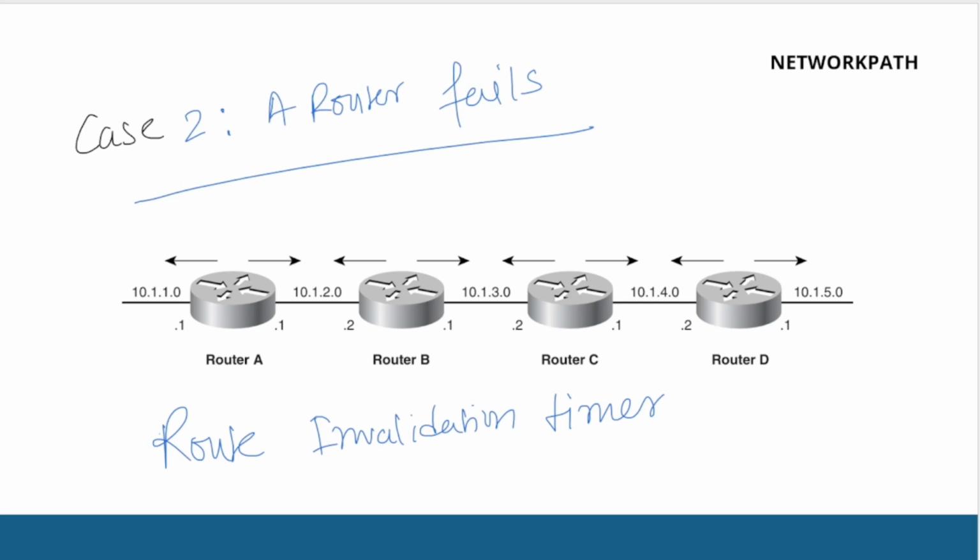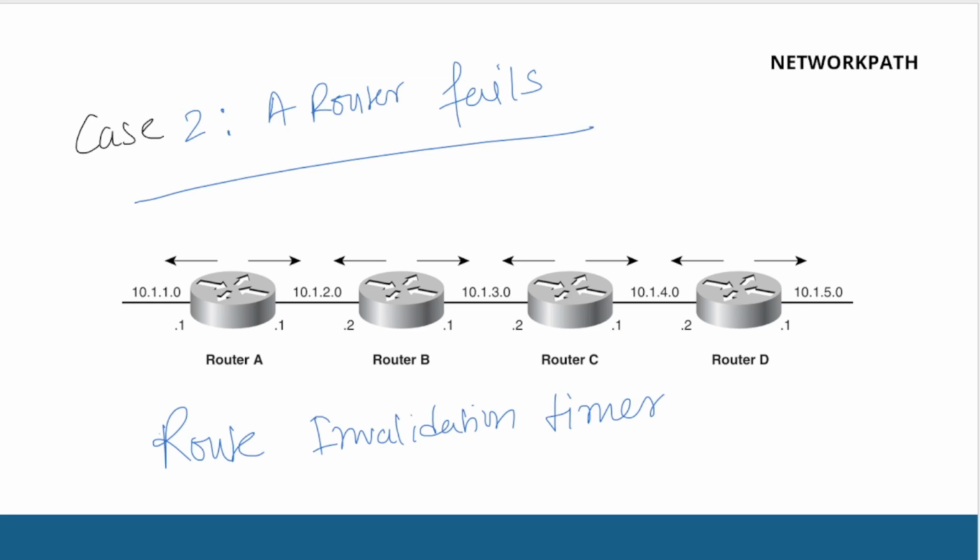So if C was getting these routes, and D goes down, C stops hearing those updates, and the route invalidation timer for C will eventually expire. When this happens, C marks the route as unreachable and tells its neighbors in the next update.